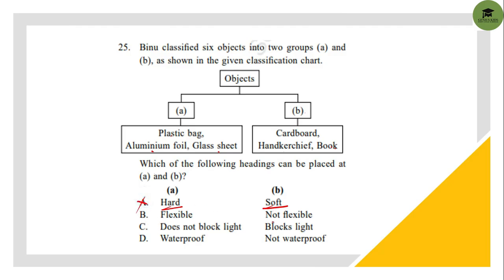Flexible and not flexible: handkerchief is flexible, so this is also not correct. Does not block light: handkerchief cannot block light. Plastic bags let light through, but aluminum foil blocks the light. So this is also not correct. Waterproof and not waterproof: yes, plastic bag, aluminum foil, glass sheet are waterproof, and these are not waterproof. So option D is your correct answer.